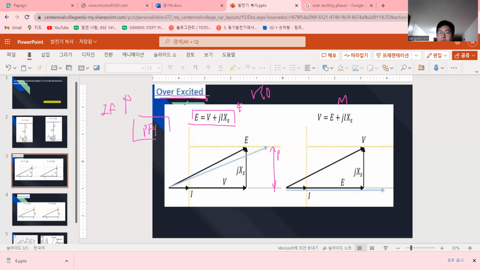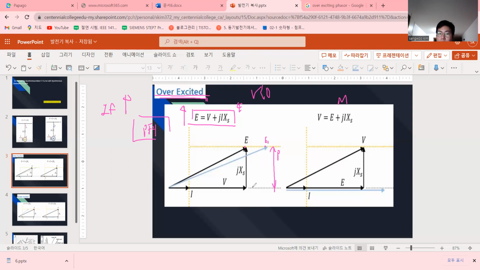IF means E is increased. If you are confused by this lecture, it means you didn't understand the previous lecture, okay? So overexciting means E is increasing. We look at this point, where E is increased. I will call this point E1.